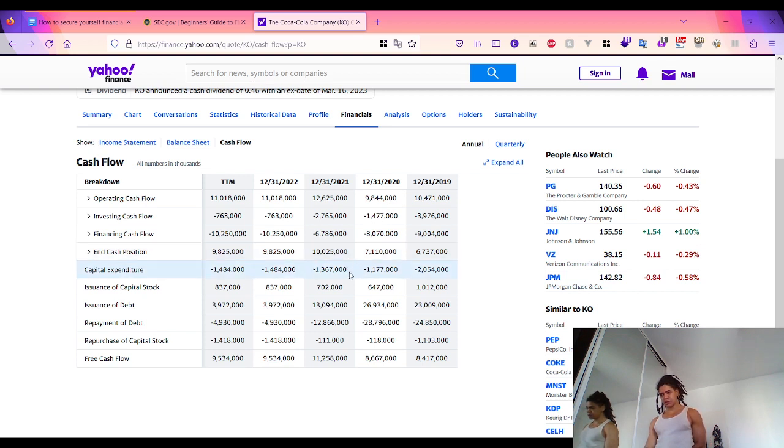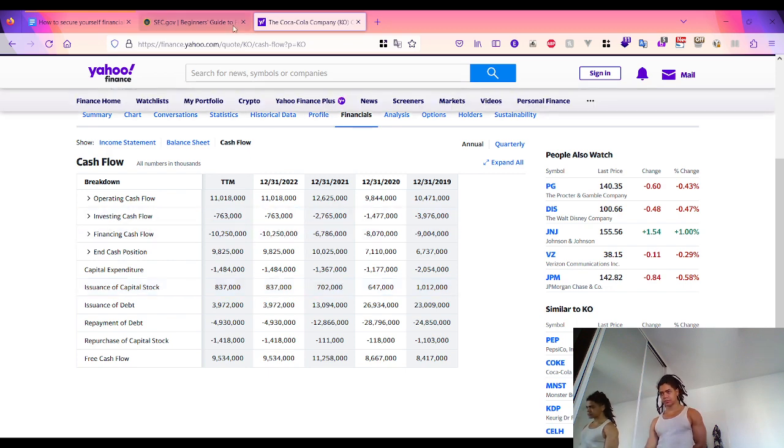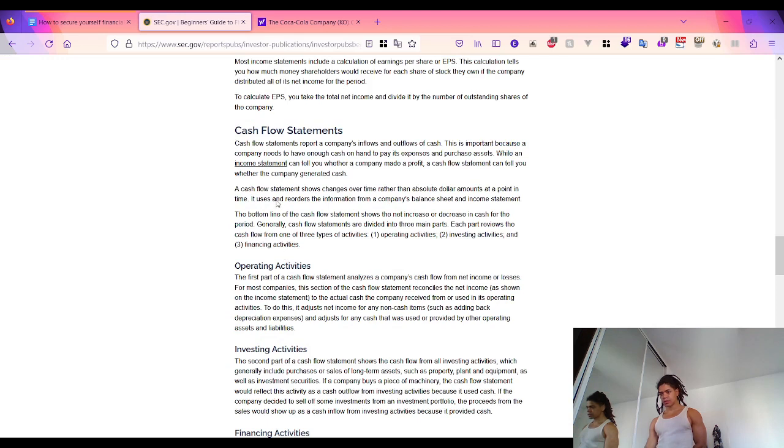The bottom line of the cash flow statement shows the net increase or decrease in cash for the period. Generally, cash flow is divided into three main parts. Each part reviews the cash flow from one of the three types: operating activities, investing activities, and financial activities.